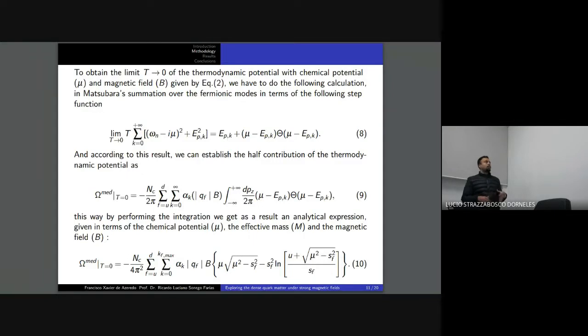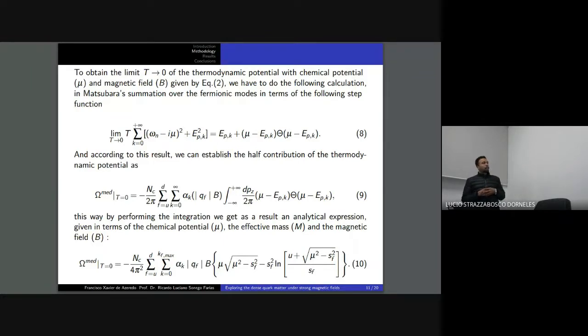Now, to obtain the limit of the temperature going to 0 of the thermodynamic potential, we have to do the following calculation, the Matsubara summation given by equation 8, and according to this result, we can establish the medium contribution given by equation 9.